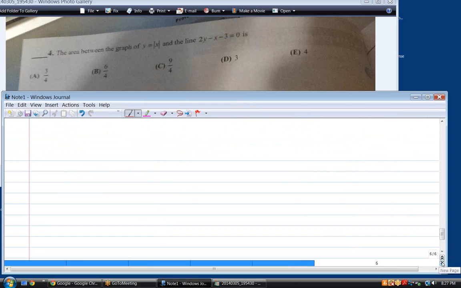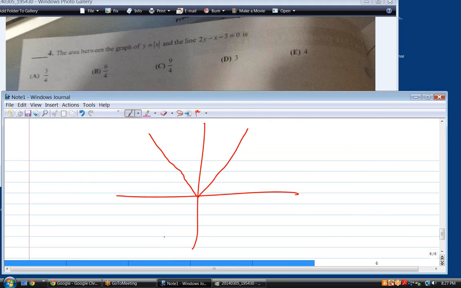That's the important part. Okay, the area between the curve, that's the absolute value function, and the line 2y minus x minus 3, which is y equals x over 2 plus 3 over 2.